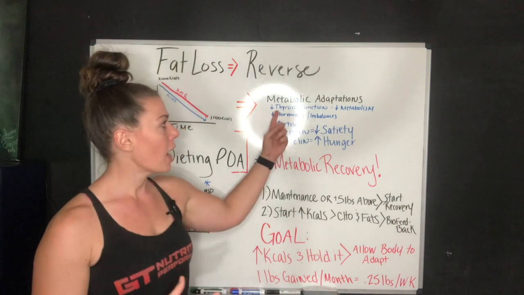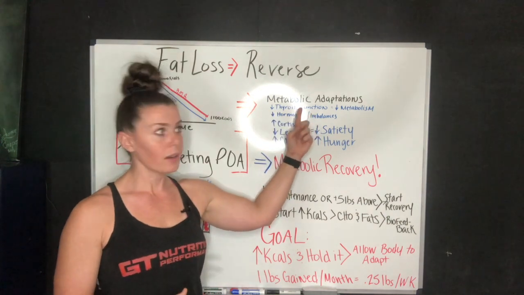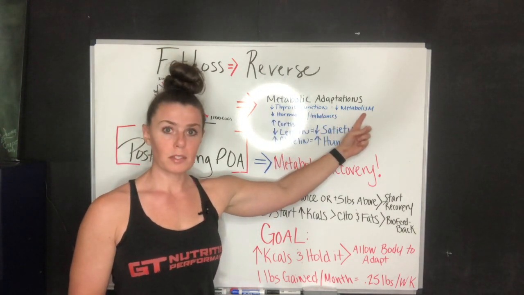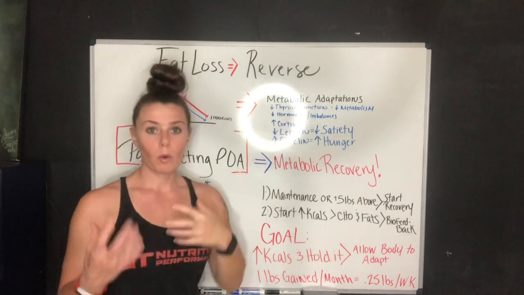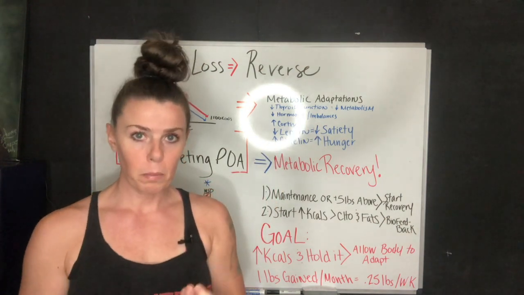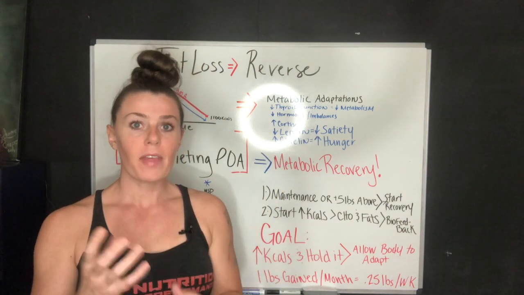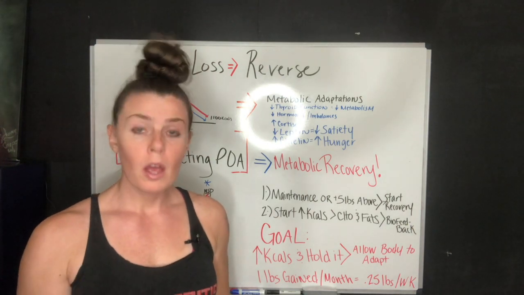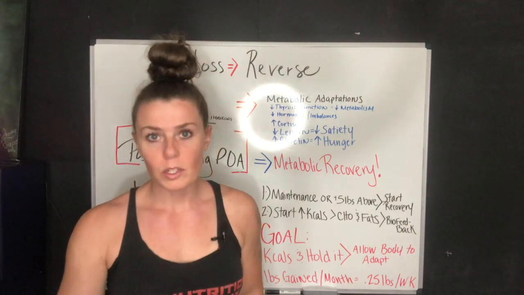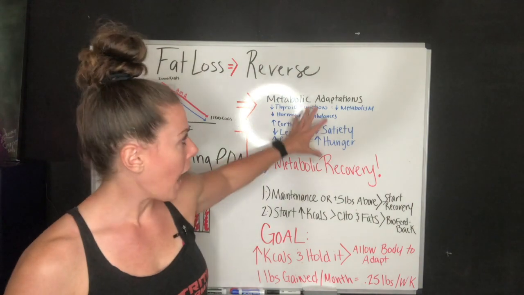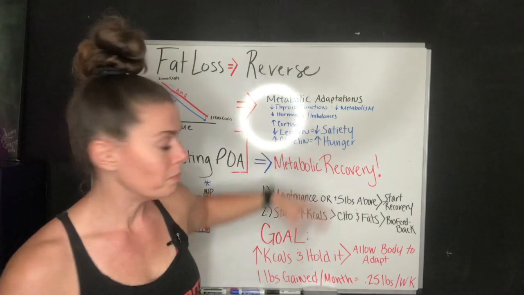And because the thyroid is downregulated, and therefore the metabolism is as well, the metabolism cannot keep up with all of this food that this individual is consuming. So therefore, there's going to be fat gain. But how do you combat this?